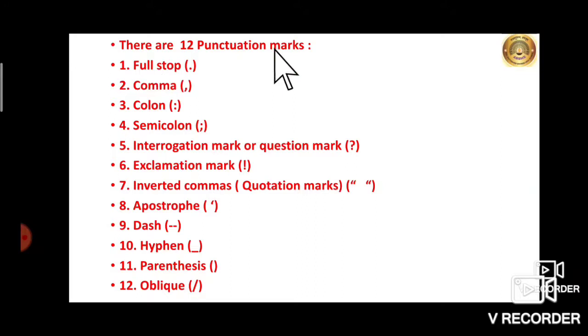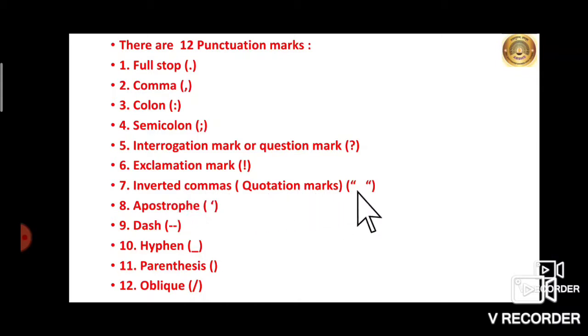There are 12 punctuation marks, that is full stop, this is the sign of full stop, comma, this is comma, colon, semicolon, interrogation mark or it is also known as question mark, exclamation mark, inverted commas or quotation marks.